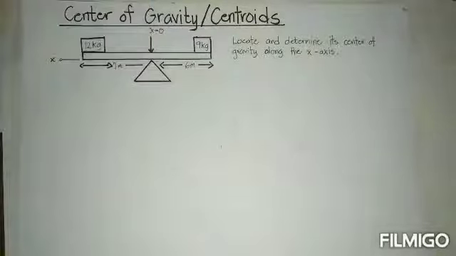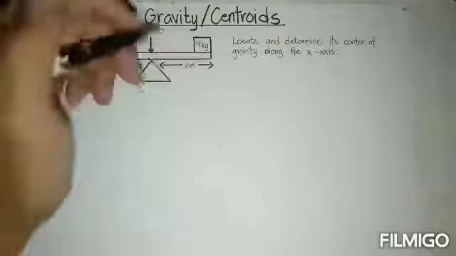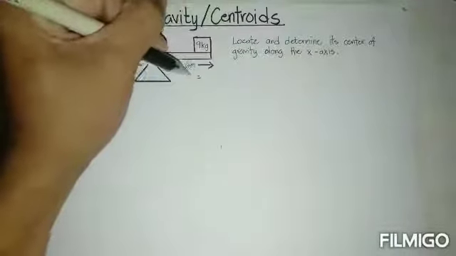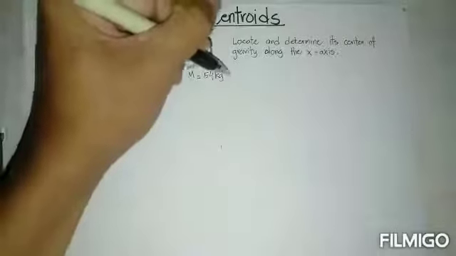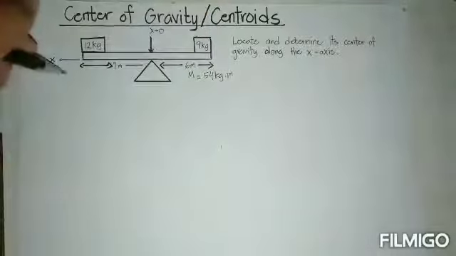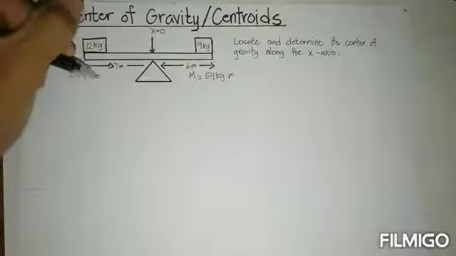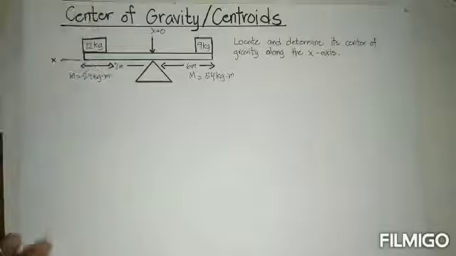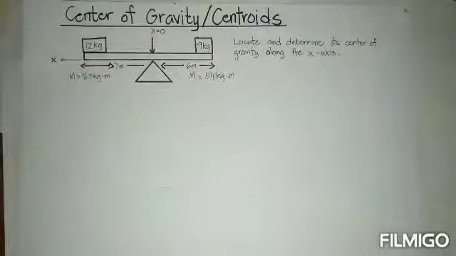Since the moment is mass times distance, from this side, the moment is equal to 54 kilograms times meter. Then from this side, the moment is equal to 84 kilogram times meter. Now, to find the location of the center of gravity, we need to take the moment about the origin and divide it by the mass of the system.